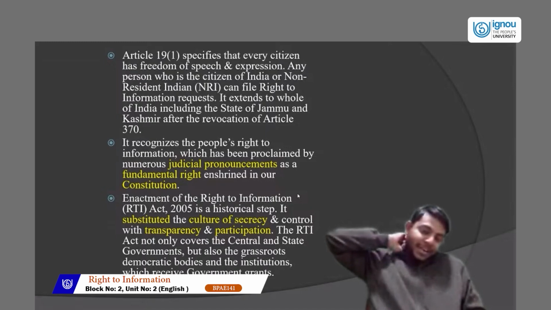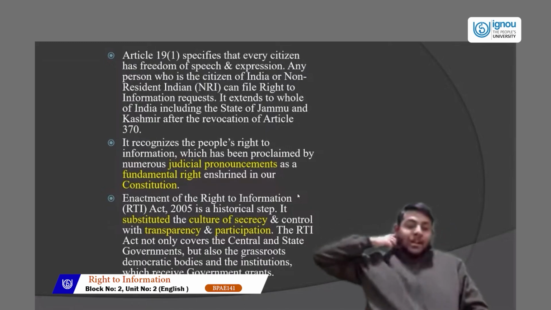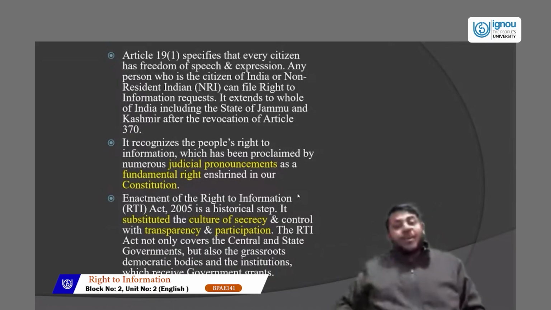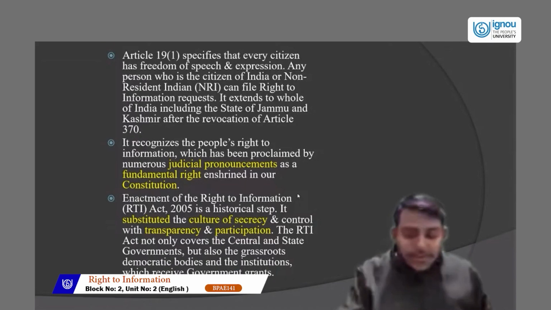And the RTI Act not only covers the central and state governments, but the grassroots democratic bodies are covered as well. And all those institutions which receive government grants are also under the purview of the RTI Act of 2005.